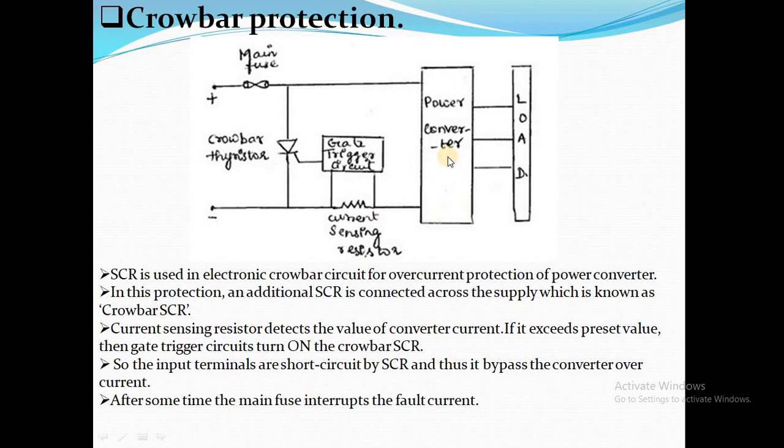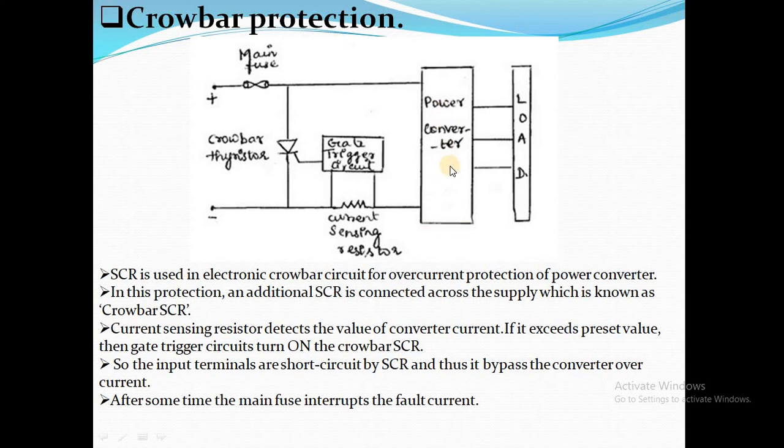So when the power converter is operating, and its current exceeds the preset value, normally whenever a power converter is used, it is operated with a specified limited current. So the current sensing resistor has some preset value which is related with the power converter.